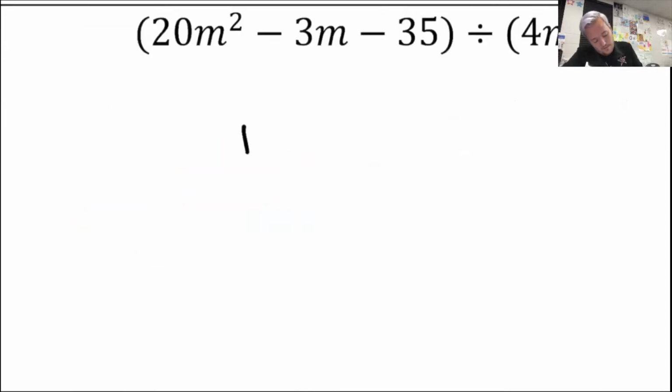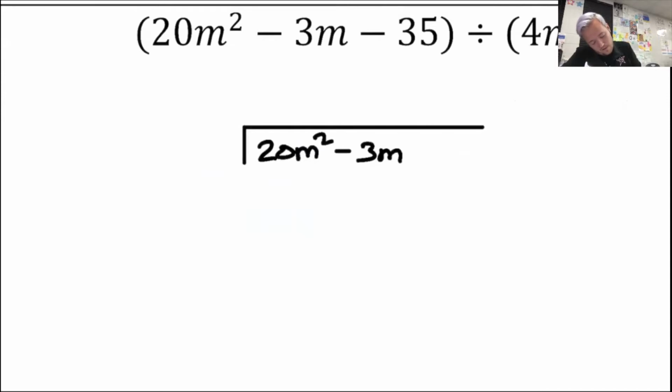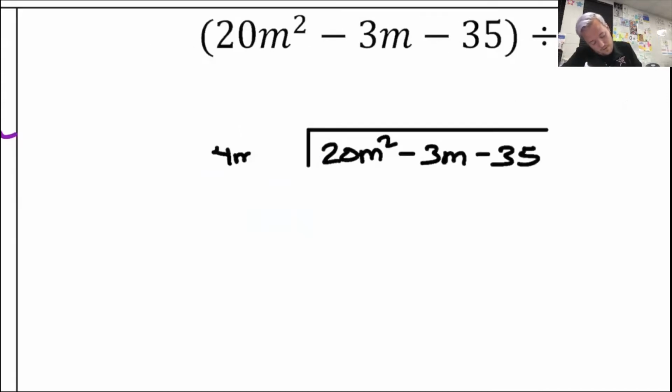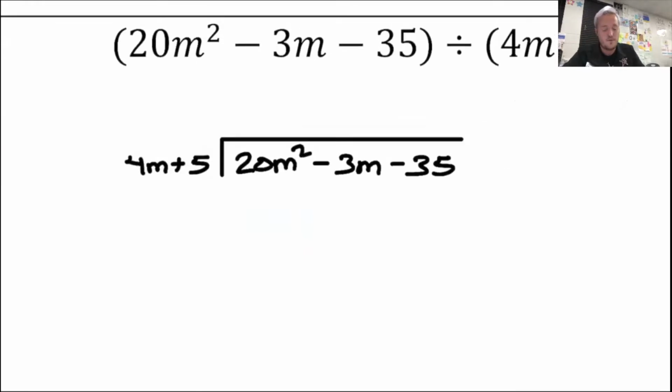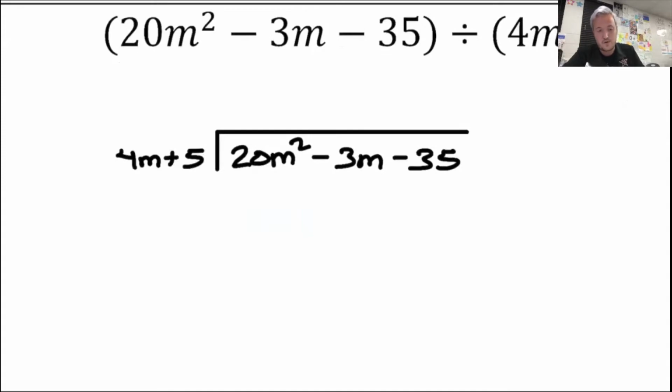Same idea. 20m squared minus 3m minus 35 divided by 4m plus 5. Remember, we're looking at the leading coefficients first.